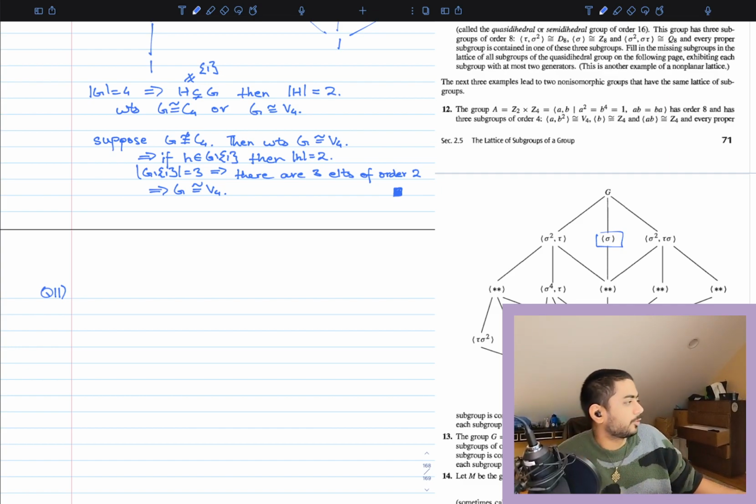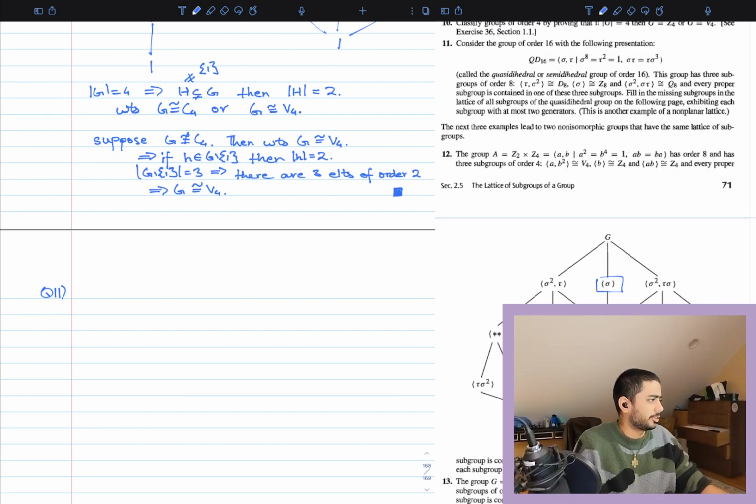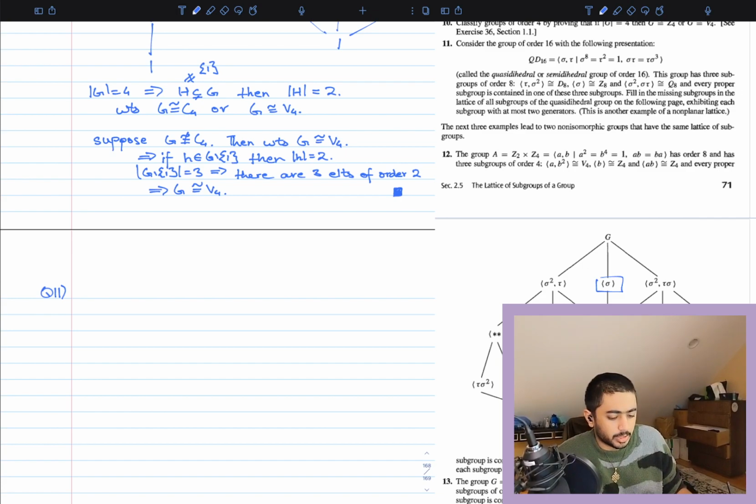So I kind of first want to write out the elements of the quasi-dihedral group with 16 elements. So what does that look like? Quasi-dihedral group with 16 elements. It's got an identity. It's got sigma and then all its powers, so up until sigma to the 7.